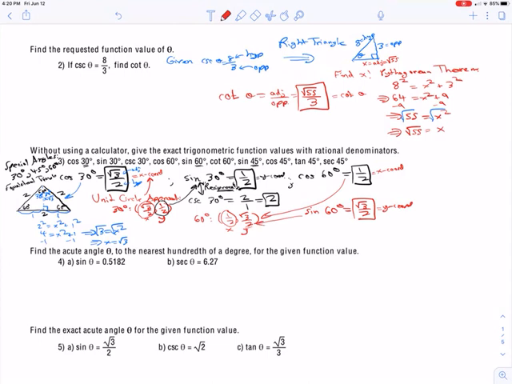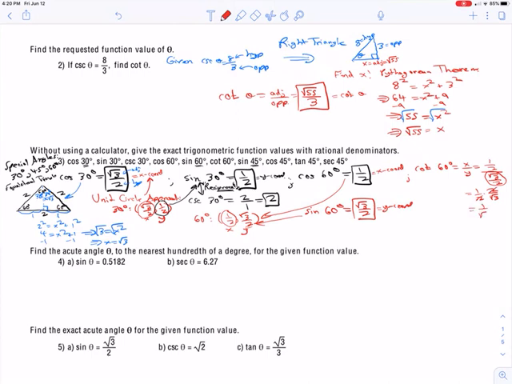All right, how about cotangent of 60 degrees? We know cotangent on the unit circle is the x-coordinate over the y-coordinate. So using the unit circle point, we get 1/2 divided by square root of 3 over 2, which is 1/2 times, you have to reciprocate, 2 over square root of 3.